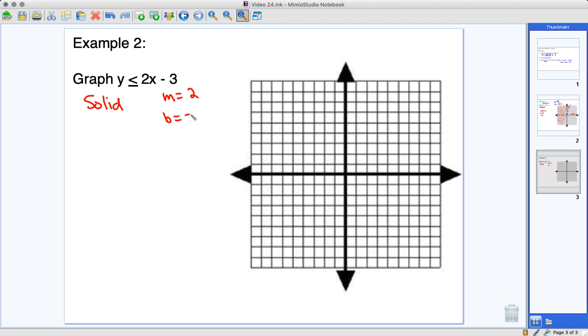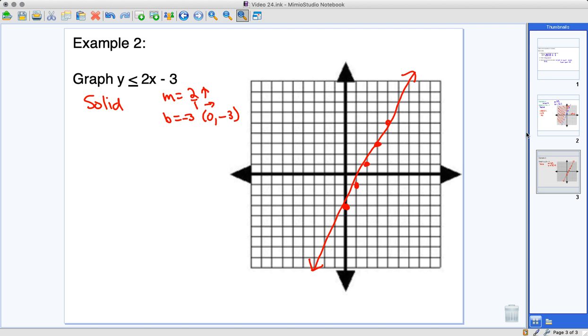My b is negative 3, which is the point 0, negative 3. And then my slope tells me to go up 2 to the right 1. You decide how many points you want to put on there, and then connect your dots. Since it's a solid line, I can just draw a line through all of them.